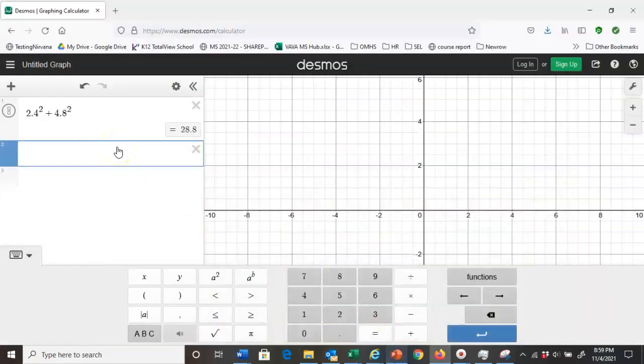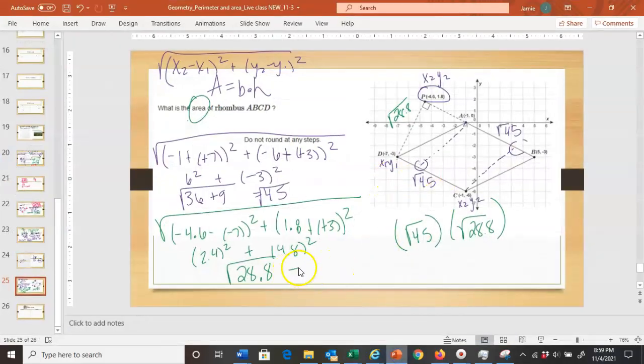Root 45. Come out of that radical, right? Oops, times root 28.8. Wow, it's 36, you guys. That's nice. 36 units squared.